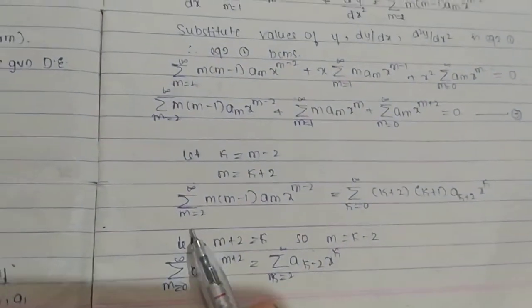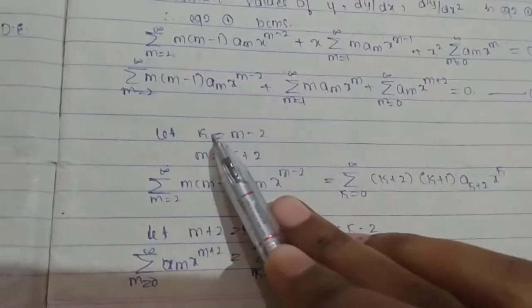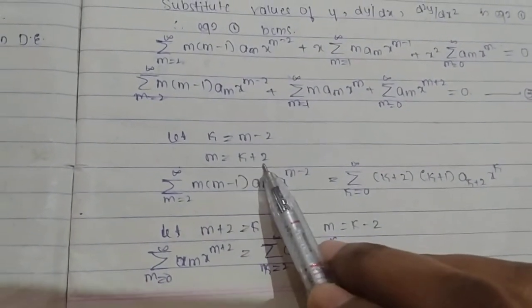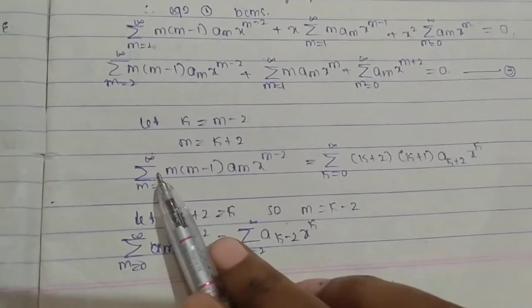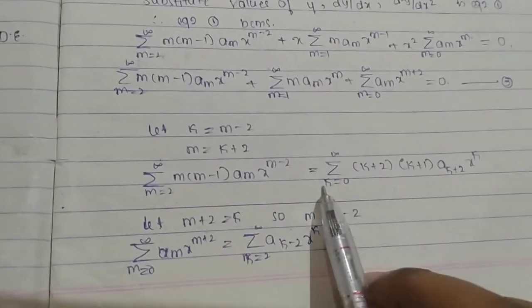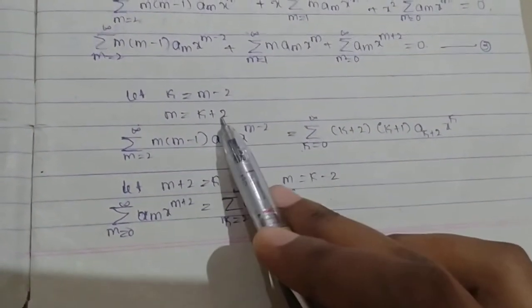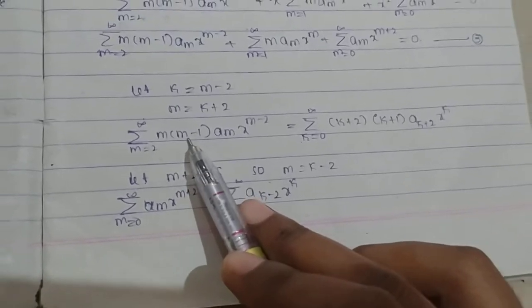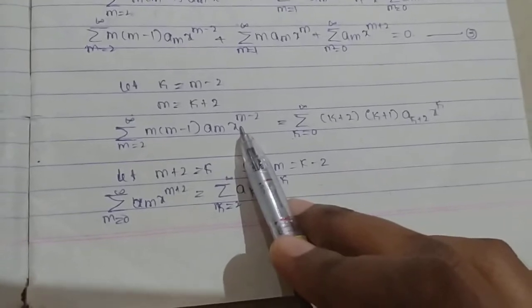Now, whenever k equals m minus 2, m becomes k plus 2. Then the summation m equal to 2 to infinity becomes k equal to 0 to infinity. And m is k plus 2, so m minus 1 gives k plus 1, and we get (k plus 2)(k plus 1) a_(k plus 2) x^k.